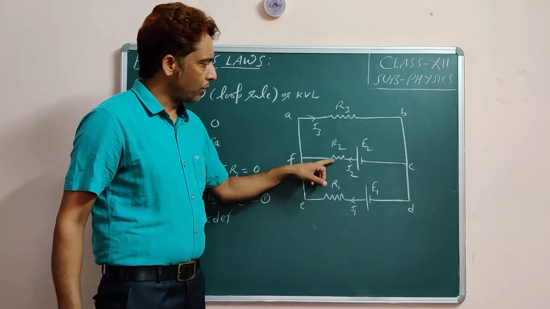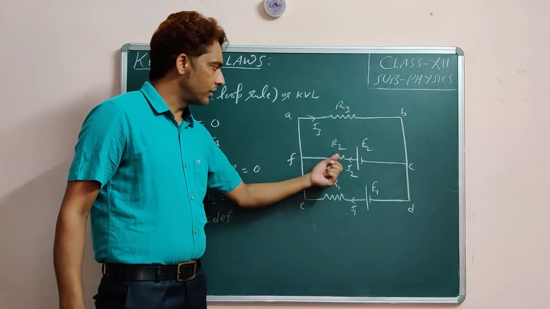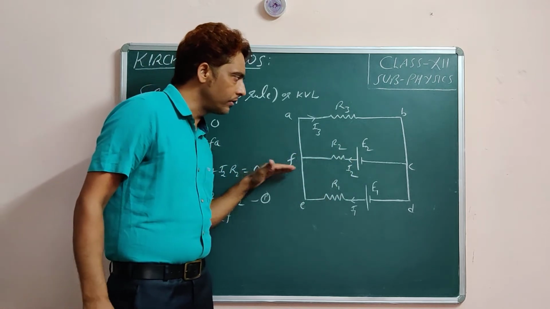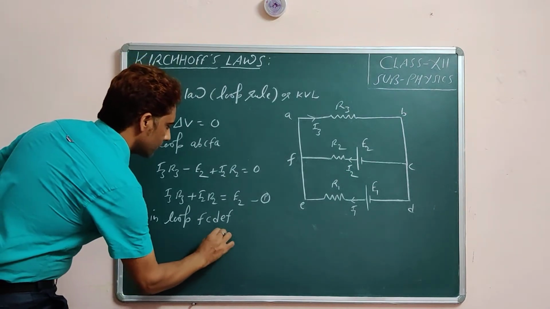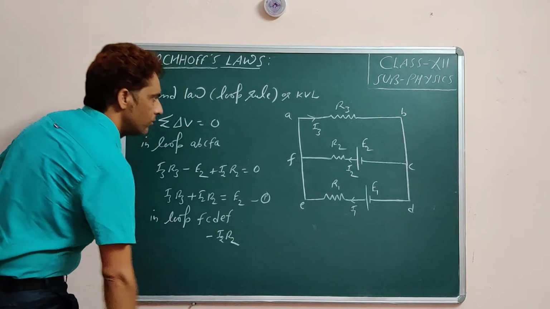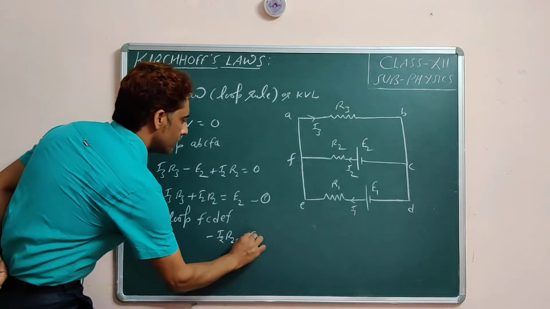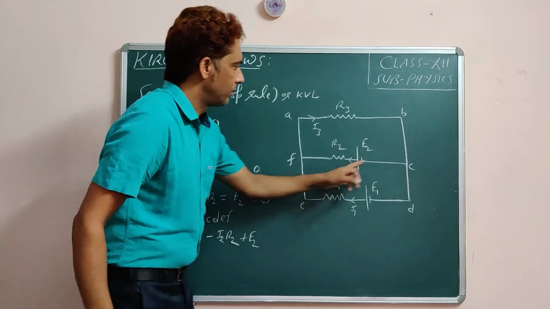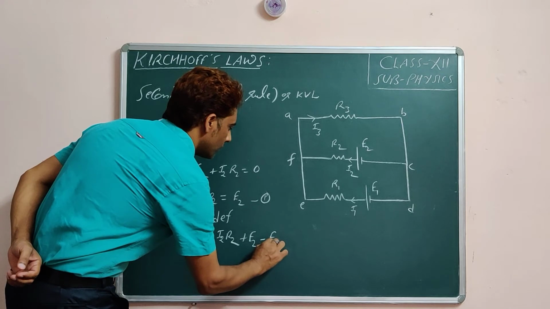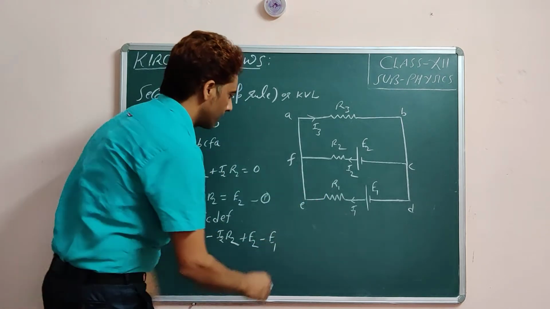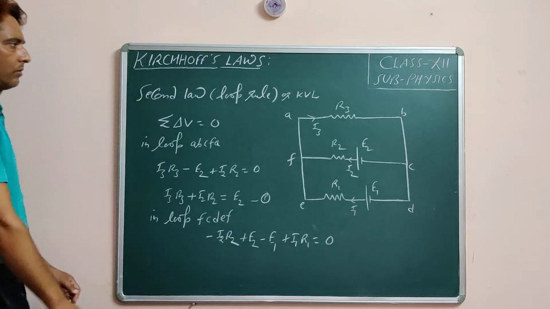Now potential drop across this R2 will be taken as negative because direction of current is opposite to the direction of traversal. So I write it as minus I2 R2. Then positive of this cell comes first, so I write plus E2, then minus E1 plus I1 R1 equal to 0.